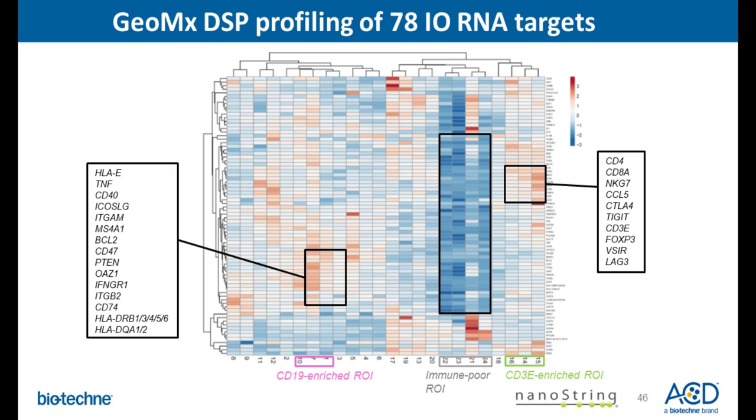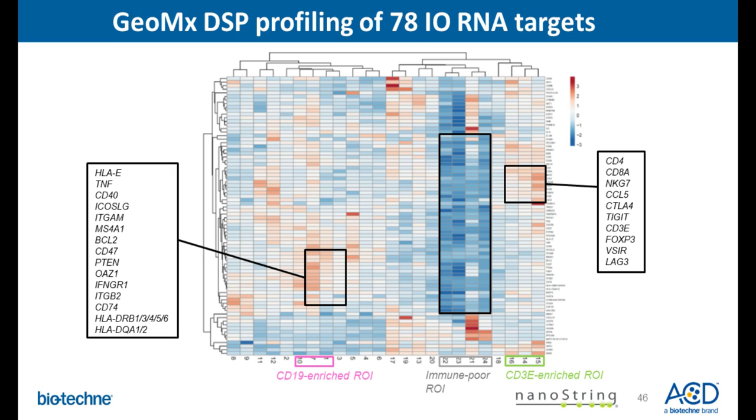And what we saw was that there was a significant differential expression between the genes that were analyzed between CD19-rich ROIs and CD3-rich ROIs, wherein the targets that were upregulated in the CD19-rich ROIs were mainly antigen-presenting cell targets, targets like CD40, CD74, whereas the targets that were upregulated and enriched in the CD3-rich regions of interest were mainly T-cell markers and chemokines and cytokines.